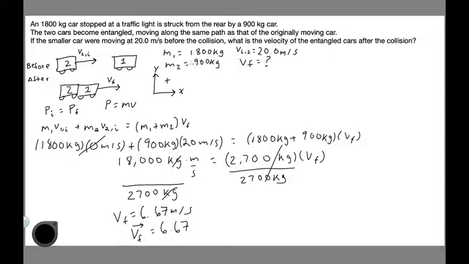So since the velocity of car 2 will have the same direction as the final velocity of both cars, and also because car 2 is initially moving in the positive x direction, we will put an I hat next to our magnitude.